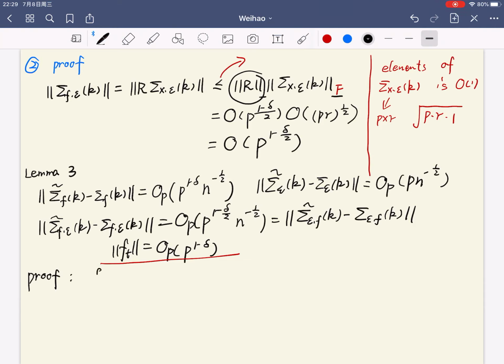Because ft equals the upper triangular matrix times xt.